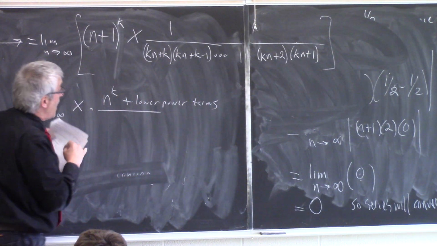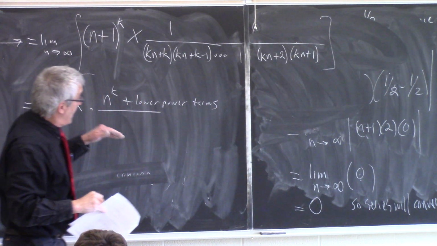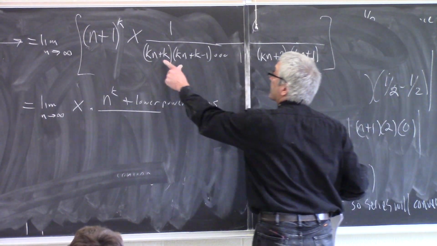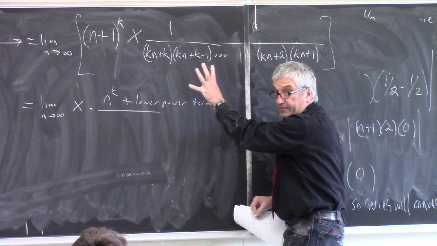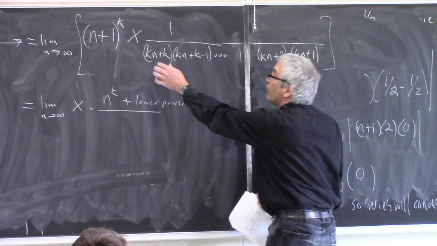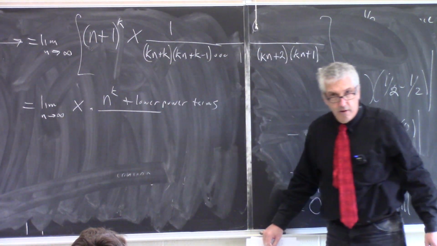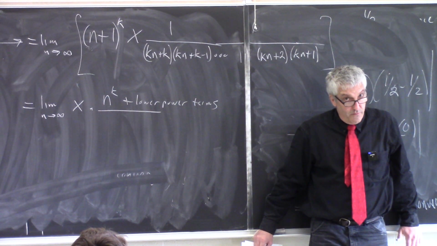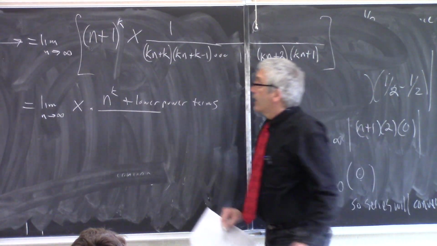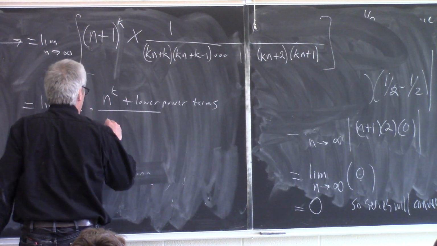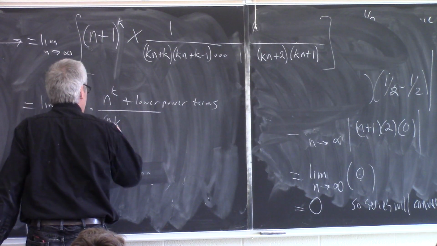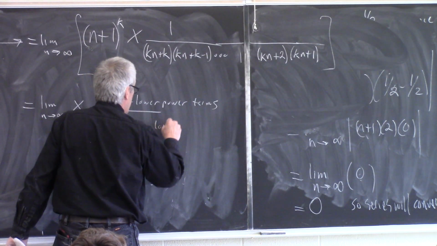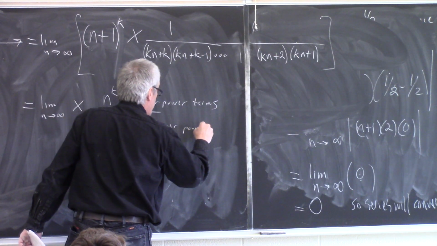Now look what's on the bottom. How many factors do I have? 1, 2, all the way up to k. I've got k factors sitting side by side, and each one of those factors has a kn in it. So this is a polynomial in n as well, and its highest power term is kn to the kth power plus lower power terms.